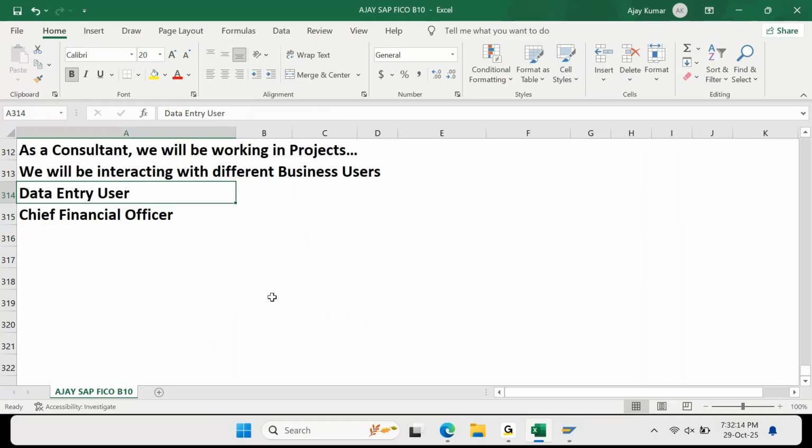You'll have to be competent enough to handle all these kinds of things. In fact, you must be aware of what you will be handling as a consultant when you become a FICO consultant or when you get into a job. If you know all these points right from the beginning, slowly we will inject these points into our mind. Am I right?